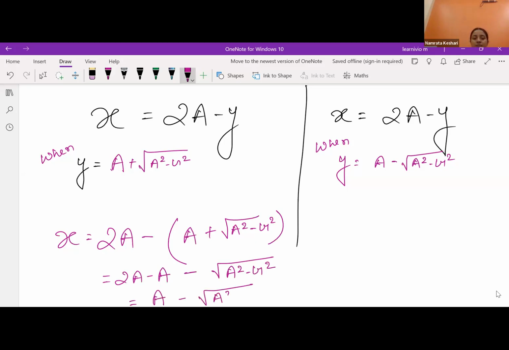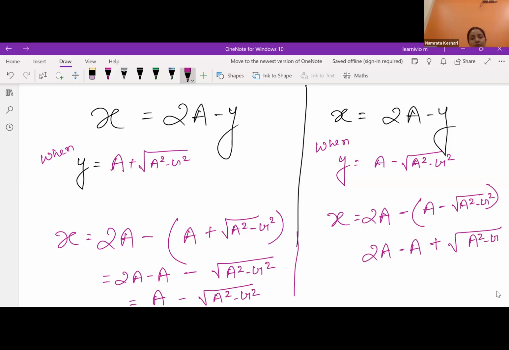Next, when we drop the other y in equation number 1, x will be 2a minus y. Let's write it in a bracket: 2a minus a plus root. We cannot do anything with this root, so we copy paste. And we got two x values.